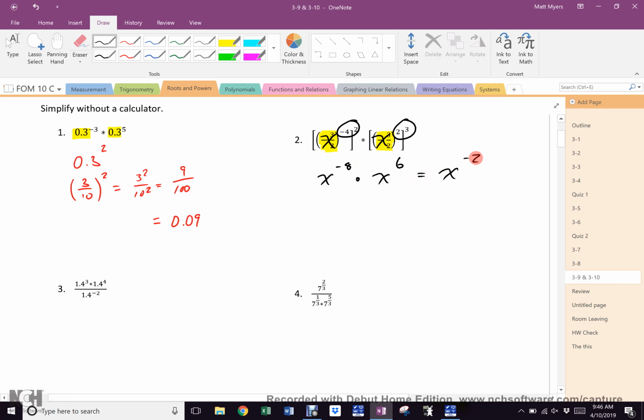Negative 2. Now, a negative does what to its base? It reciprocates it, right? So this, because of that negative 2, will reciprocate. So my thinking here: negative exponent reciprocates.